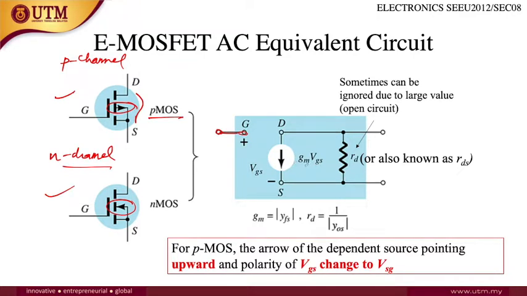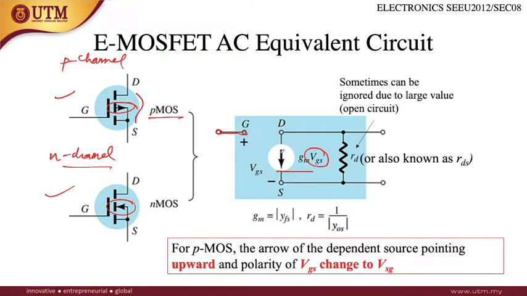What is gm·VGS? It means that the current that flows between drain and source is controlled by the value of the gate-source voltage.